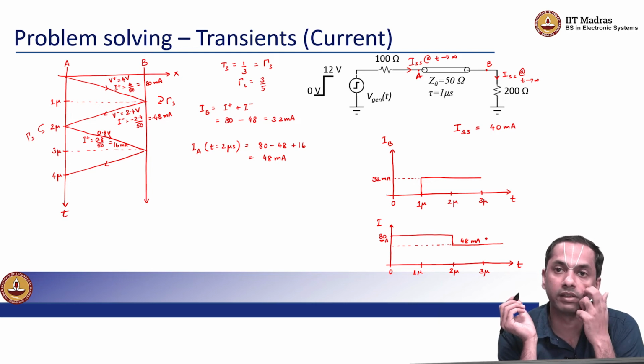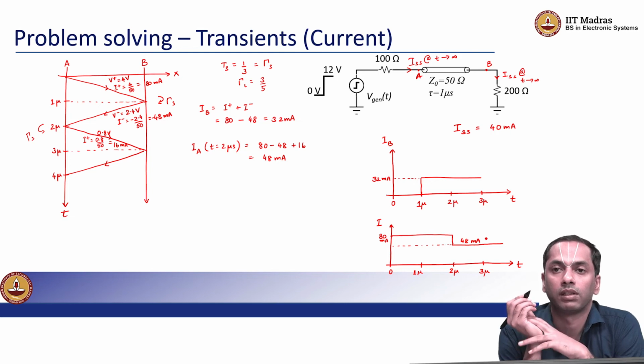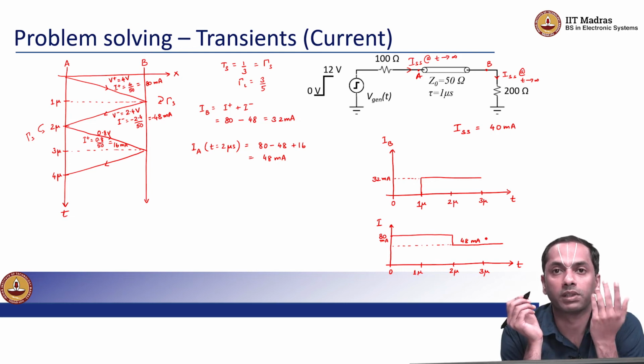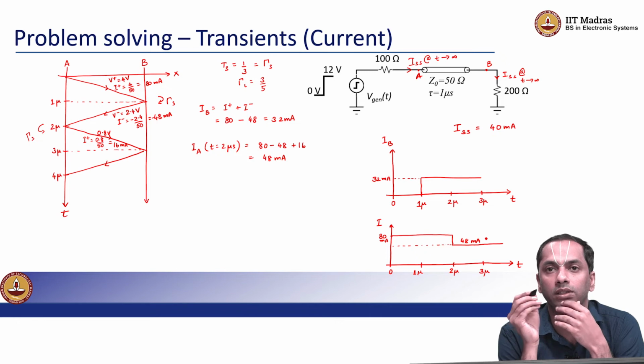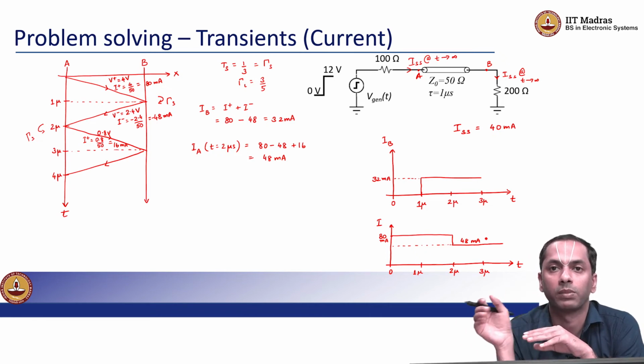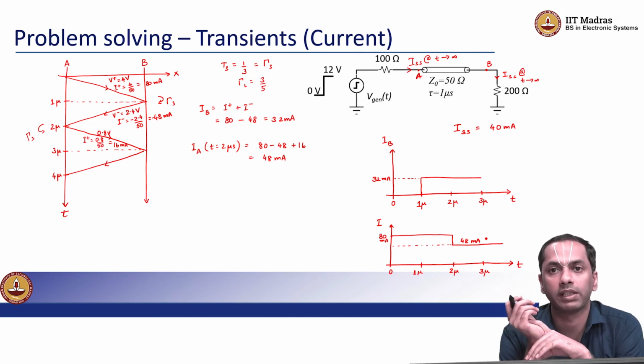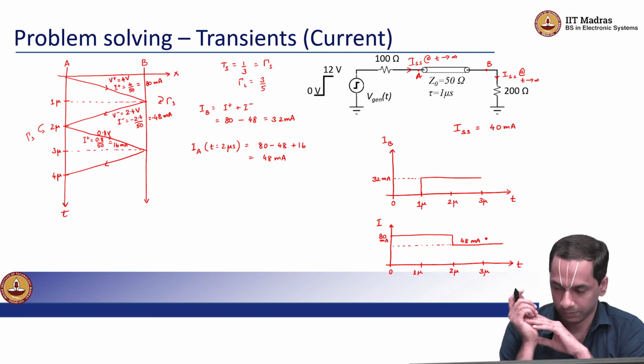Remember, the steady state is 40 milliamps, right? And I started off at 80 milliamps at the input point A, right. So, I would have to slowly step down from 80. The first jump is to 48 and then asymptotically I will reach 40. At point B, what is happening? The current is actually increasing from 0. It jumps to 32 first and then to some other quantity between 32 and 40, and eventually it will reach the steady state of 40 milliamps.